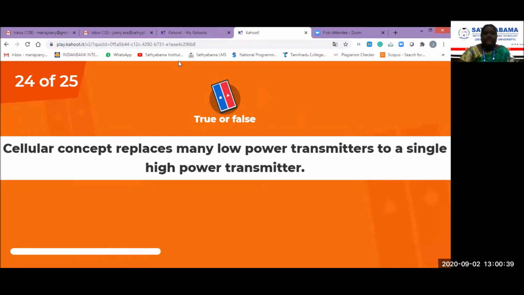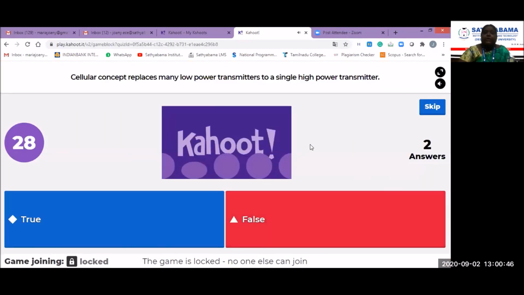Only 2 more questions. Please wait for a few more minutes. The cellular concept replaces low power transmitters with a single high power transmitter. True or false? What is the basic concept of cellular? It is converting low power transmitters to high power transmitters.